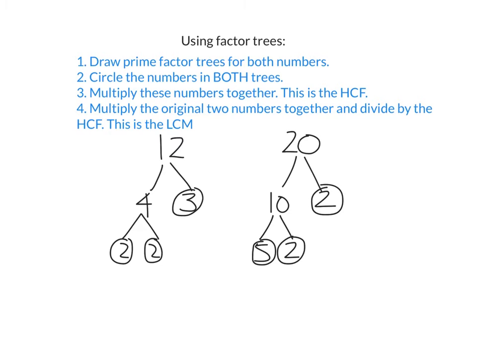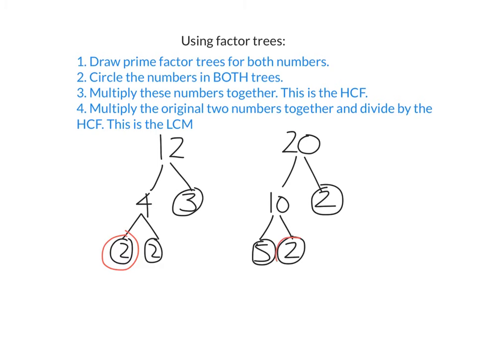We've done step 1 and drawn factor trees for both numbers. Step 2 is we circle numbers in both trees. You can see that there is a 3 in this tree, but not in this tree, so it's not common. Similarly, we have a 5 in this tree, but not this tree. But what is in both trees? They both have 2 2s.